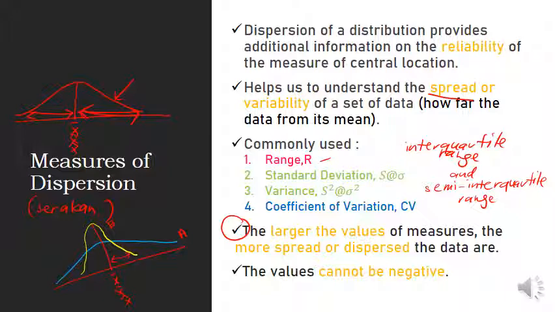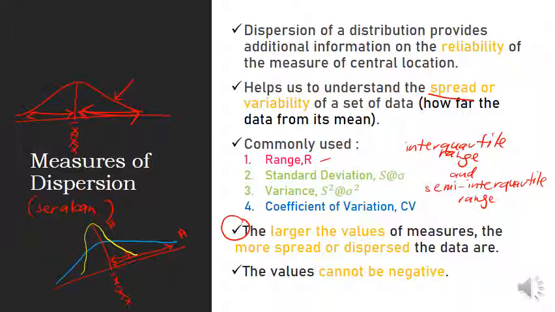Dispersion dia tak sama, spread dia tak sama, kembang dia tak sama. So apabila nilai ataupun measure of dispersion tu lagi besar, bermaksud dia lagi spread. So from here kita boleh tahu yang A is more spread than B. So measure of dispersion untuk A will most probably be larger than B.